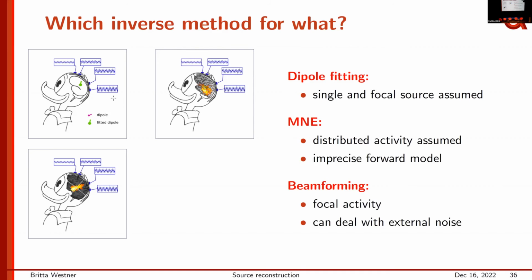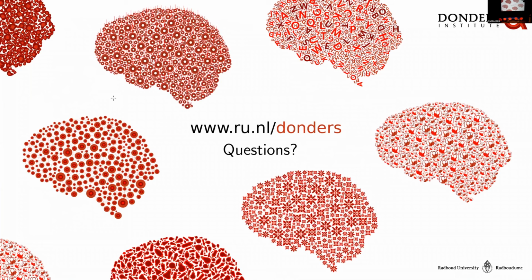And then beamforming is great if you assume focal activity, and it can, at least to some extent, deal with external noise, which minimum norm estimation cannot. So with that, I hope I didn't overwhelm you, and I'm very happy to take questions.